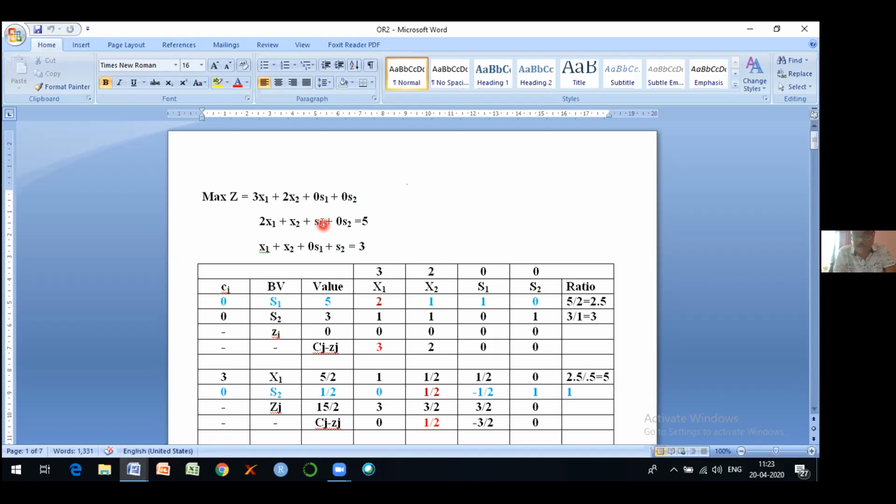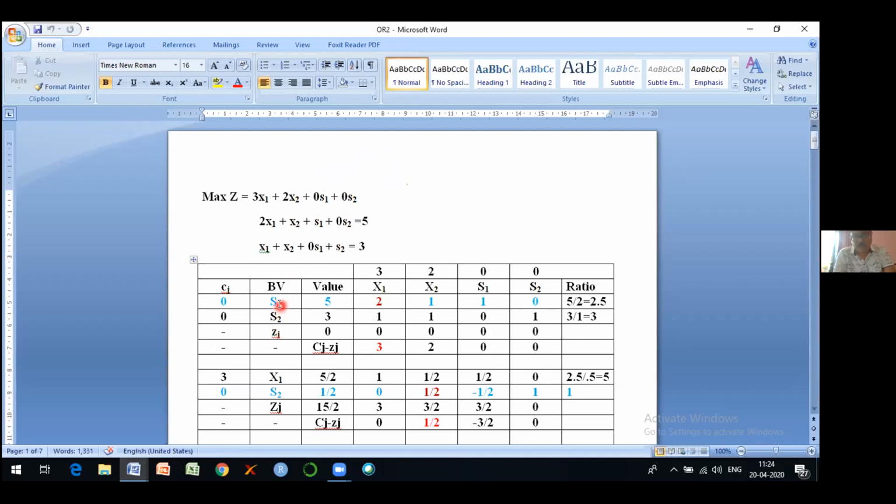Keep this rule in your mind when solving a linear programming problem. How many slack variables are there? Two slack variables for two constraints, so we have written s1 and s2, right?